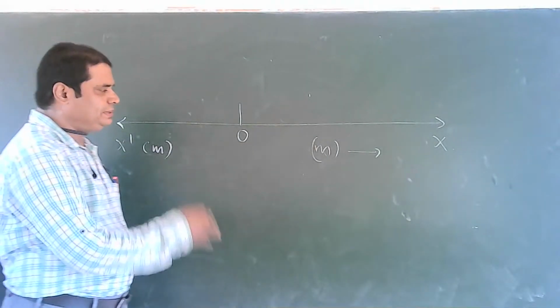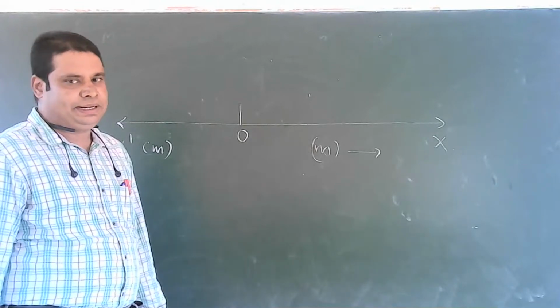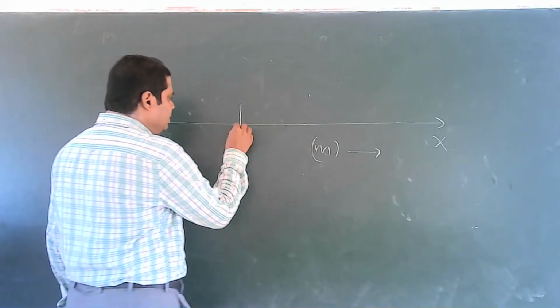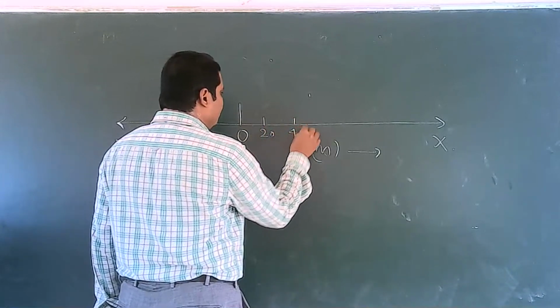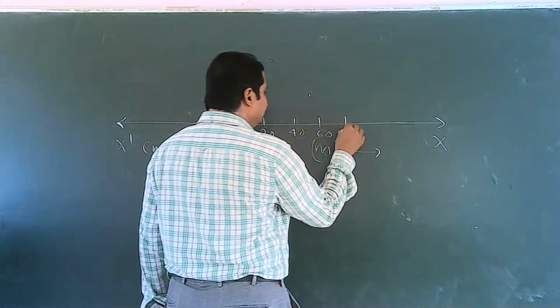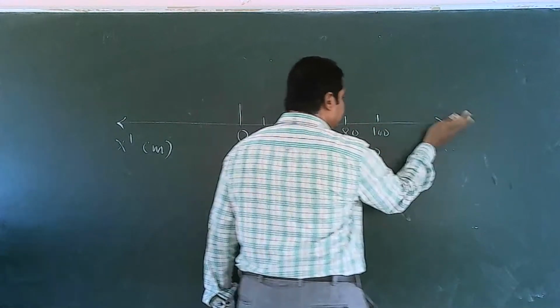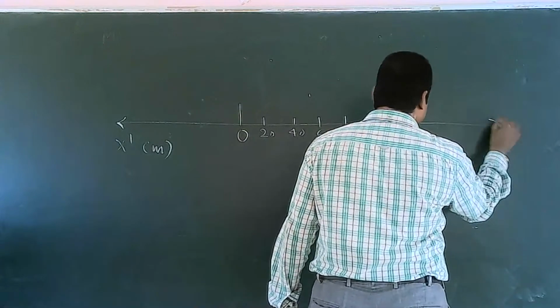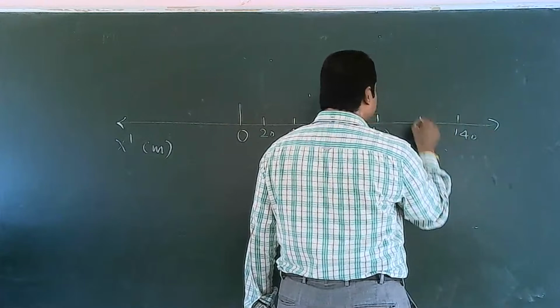Okay, let us take some simple numbers to understand this displacement and the path length. 0, say 20, 40, 60, 80, 100. Let me extend this. 120, 140.